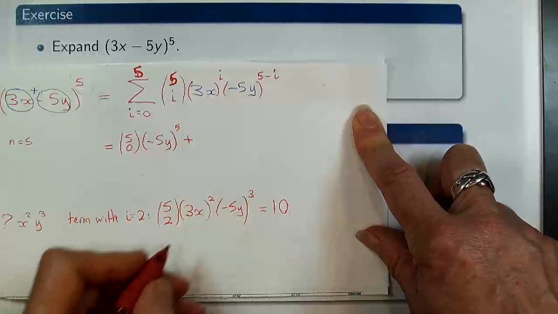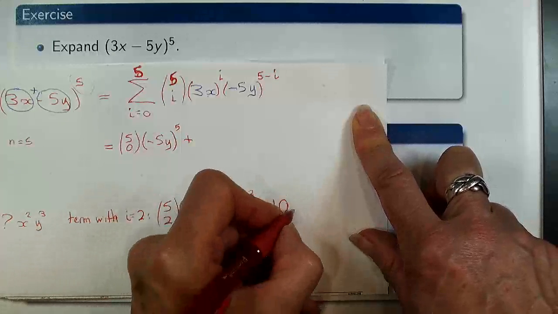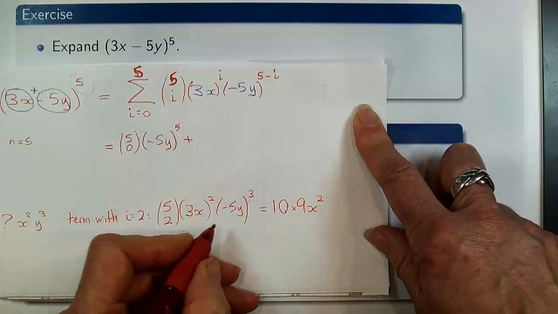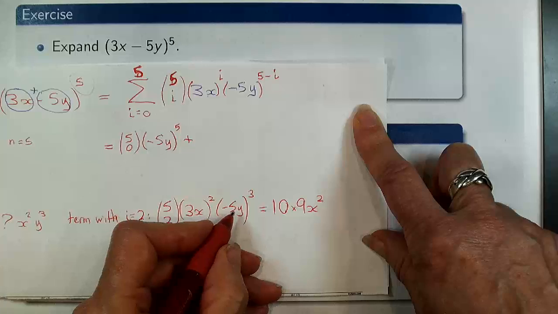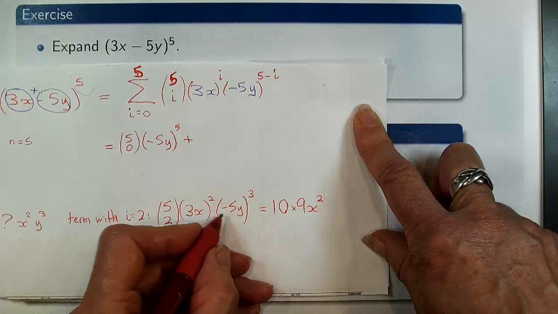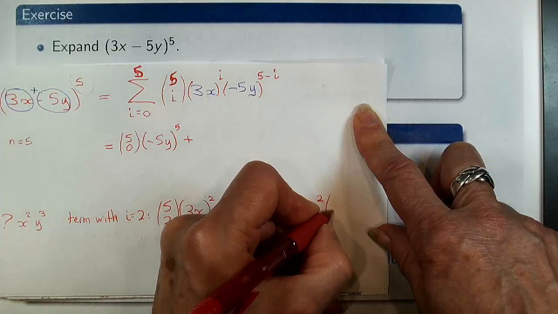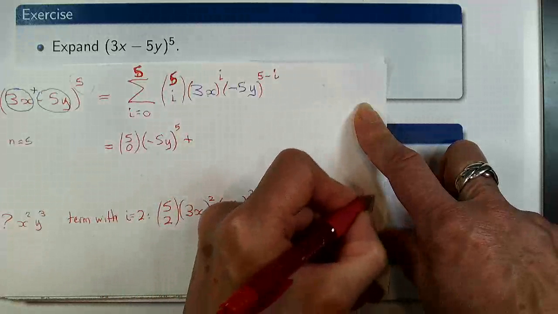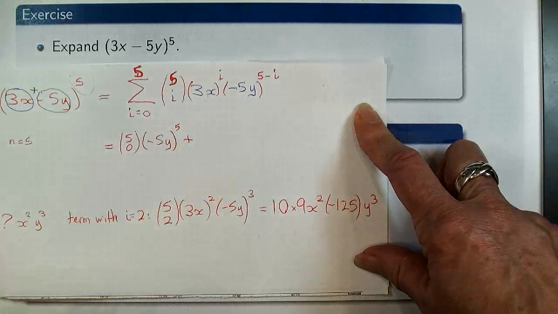That's 10 times 3x all squared; 3 squared is 9, and then I get the x squared. Minus 5y cubed is minus 5 cubed, that's minus 125 times y cubed.